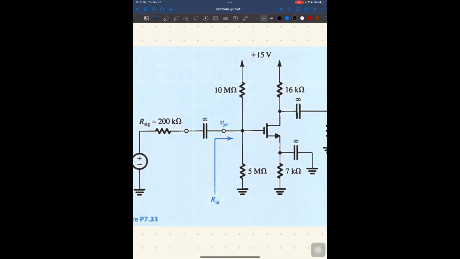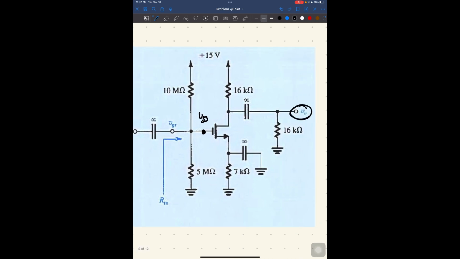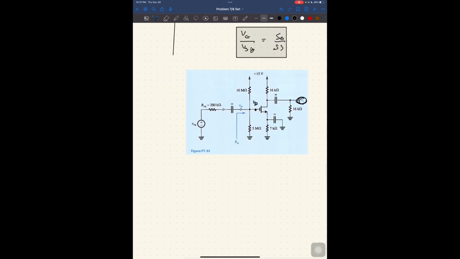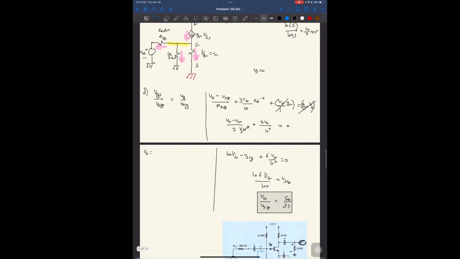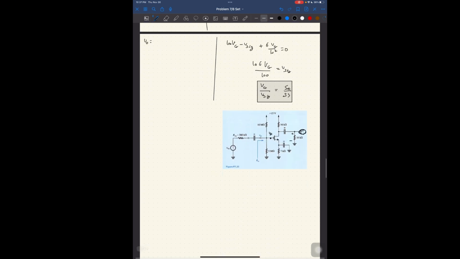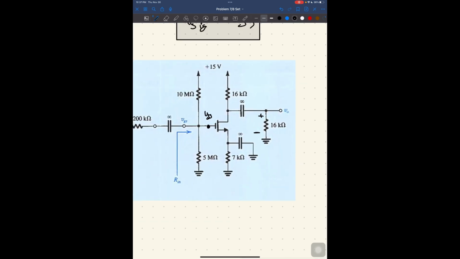So in this case, I know that this is VGS and my VO is right here, right? It's that voltage at the output between positive and negative 16 kilo ohms, which I have simplified in my model to be 8 kilo ohms. How can I say this is right? Can I not move this side of the 16 kilo ohms since it's connected to the ground?